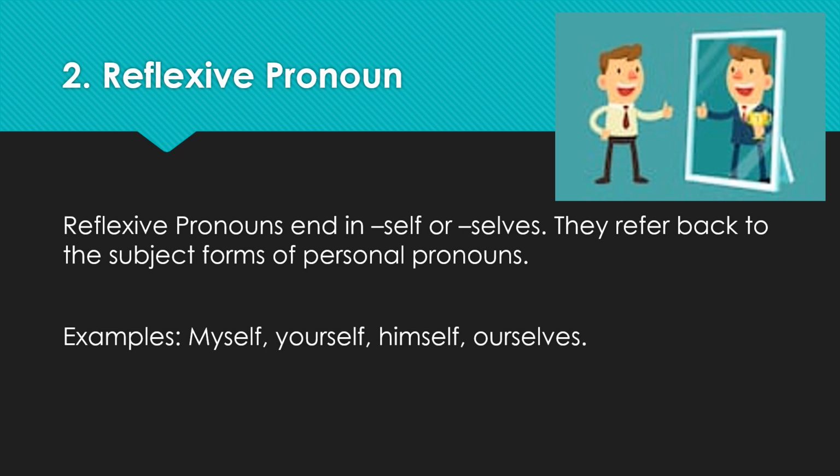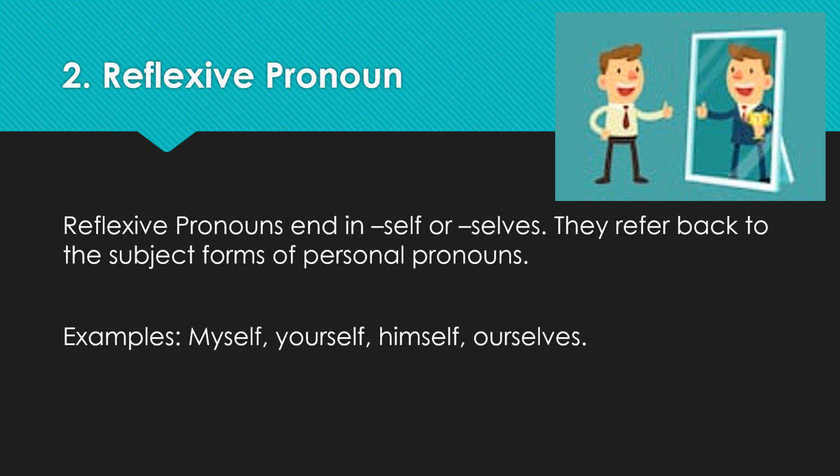As the name suggests, reflexive means that they reflect something. These reflexive pronouns refer back to the subject form. That means whatever the subject is, if we are talking about that subject itself, we will use reflexive pronouns. Examples: myself, yourself, himself, and ourselves.